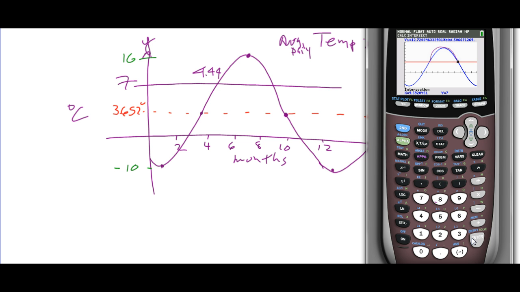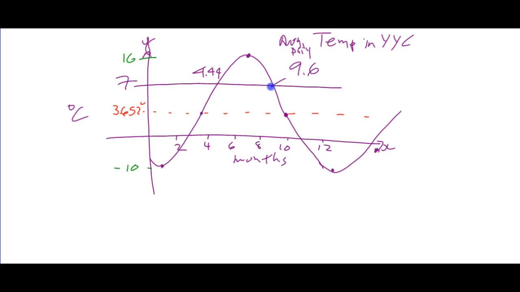So 9.6. I can run my summer tires from April. So far, we've got about 5 months. I can run from about 4.6 to 9.6, so I can run my summers for about 5 months of the year. My winters should be running about 7 months of the year.